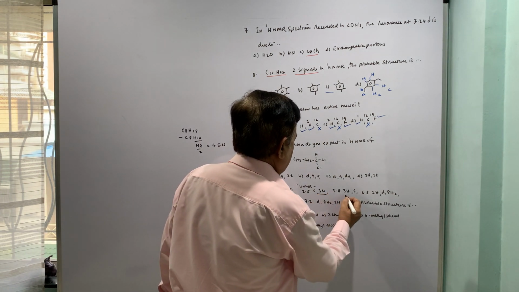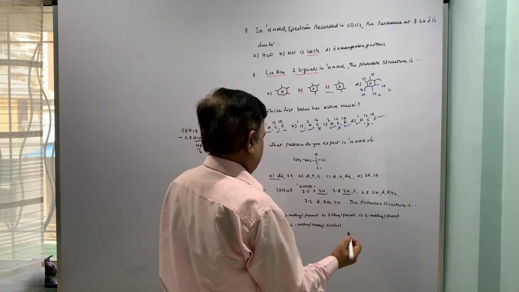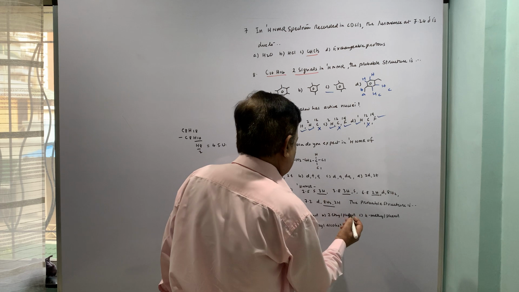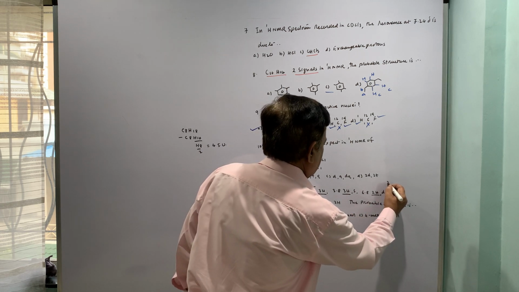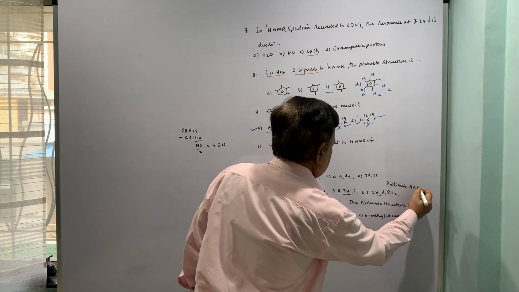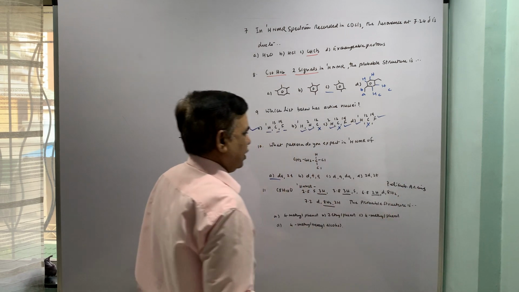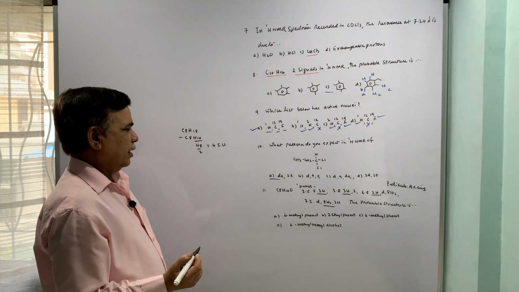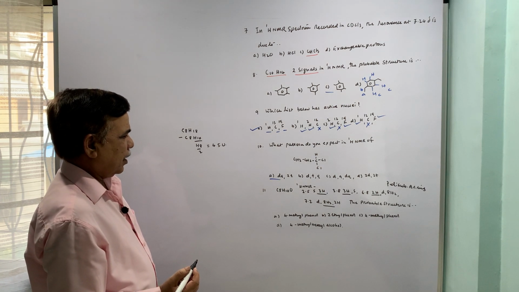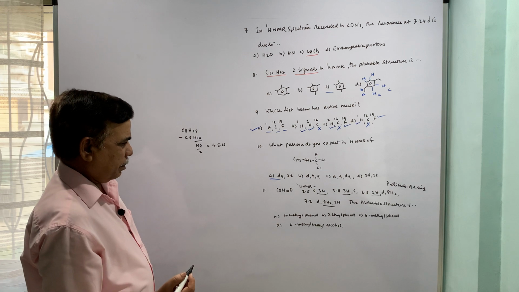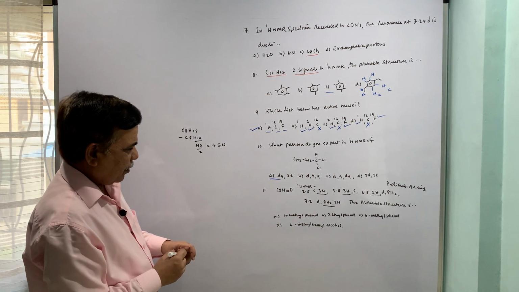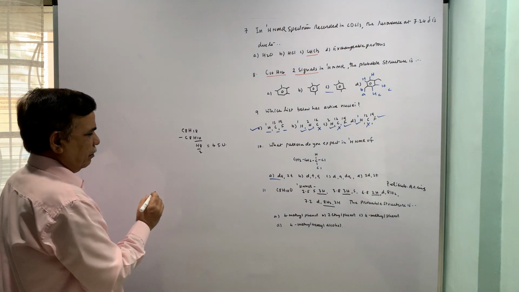3 proton, these are methyls, and this indicates para disubstituted ring. Para disubstituted aromatic ring is there, and of course, the probable structures are also given. 4-methyl phenol.